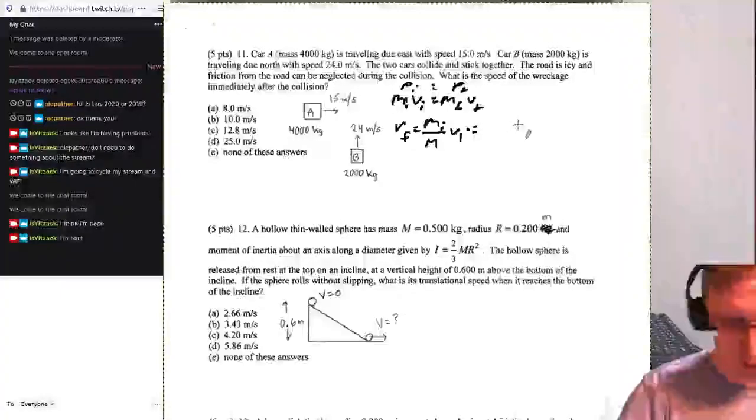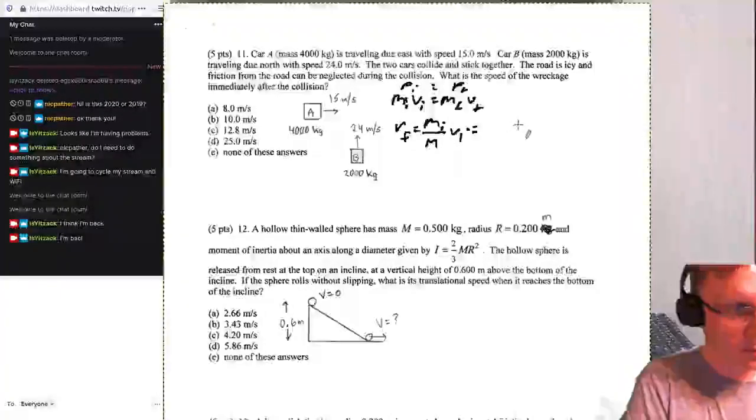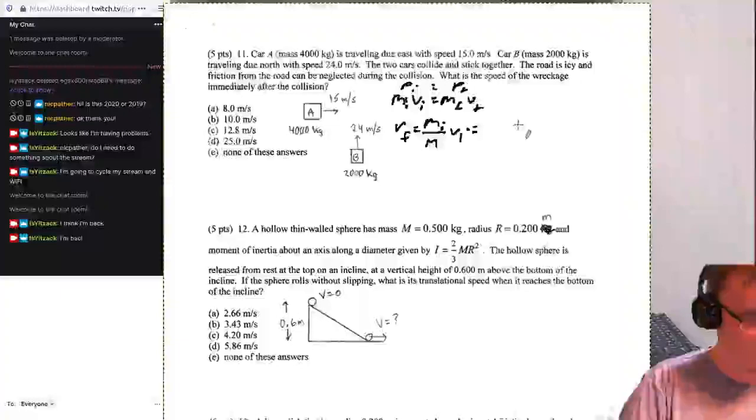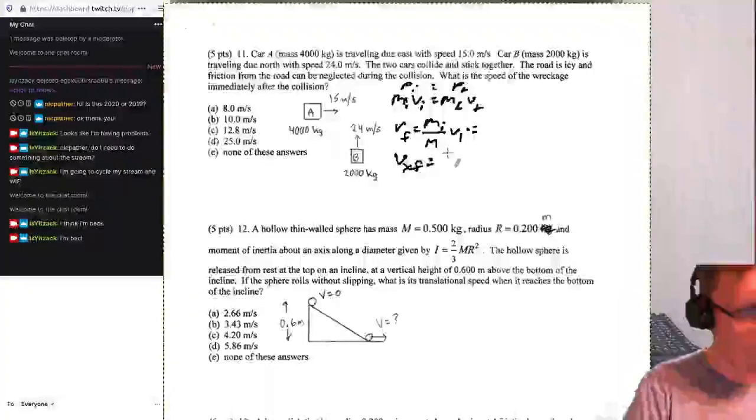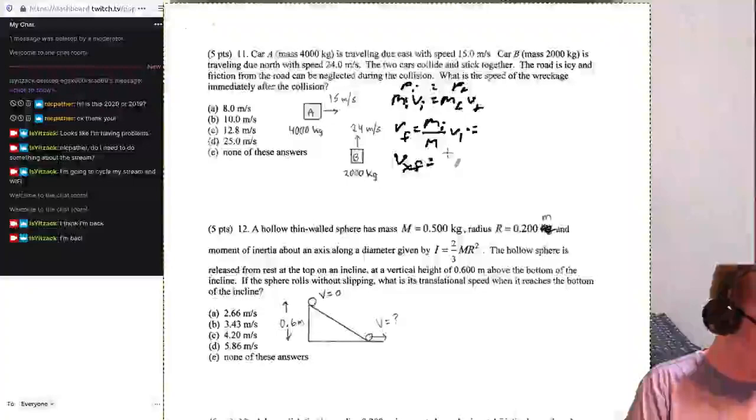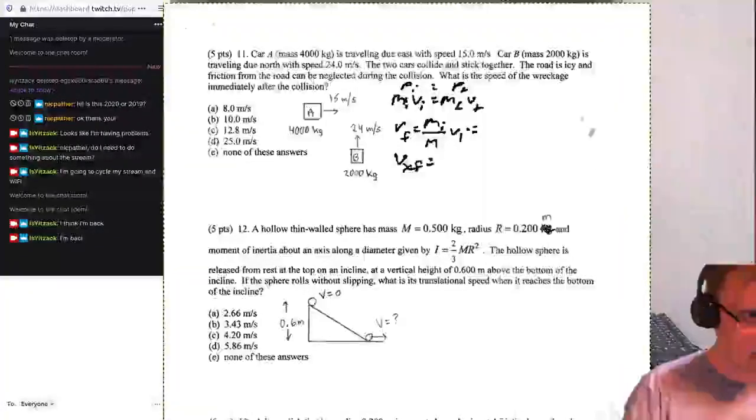Okay, and then for Vx final, we have 4,000 times 15 divided by 6,000 is 10 meters per second.